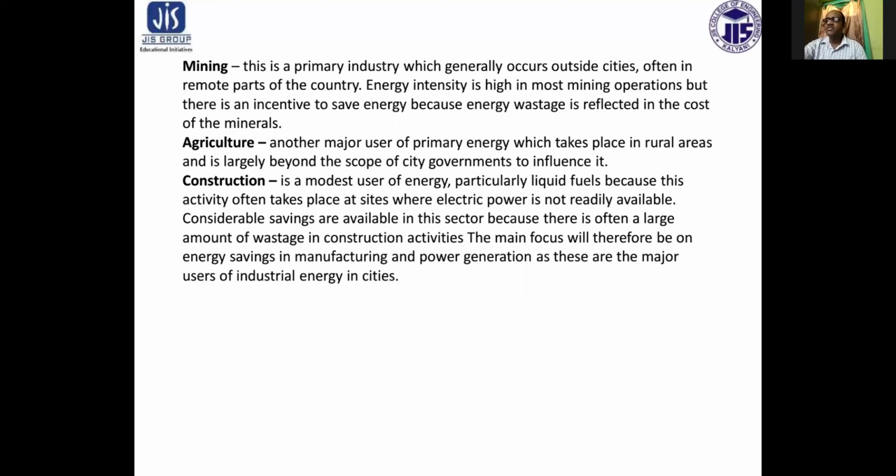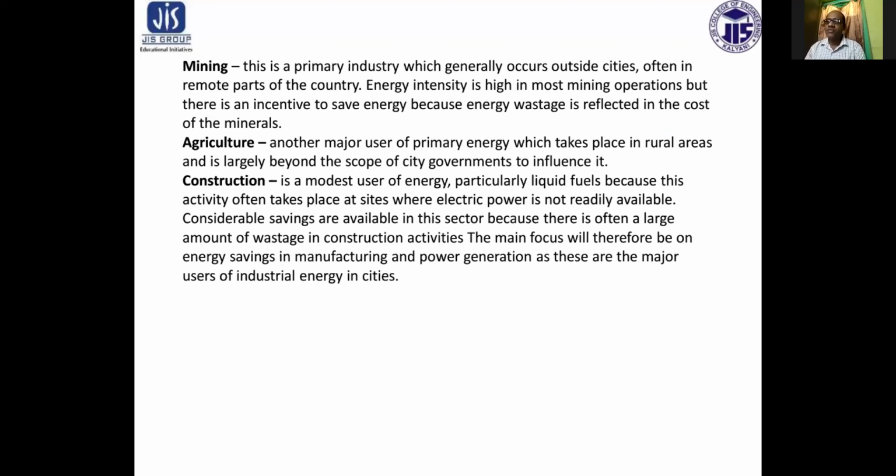Agriculture industry is another major user of primary energy, which takes place in rural areas and is largely beyond the scope of city government to influence. Construction is a modest user of energy, particularly liquid fuel, because this activity often takes place at sites where electric power is not readily available.